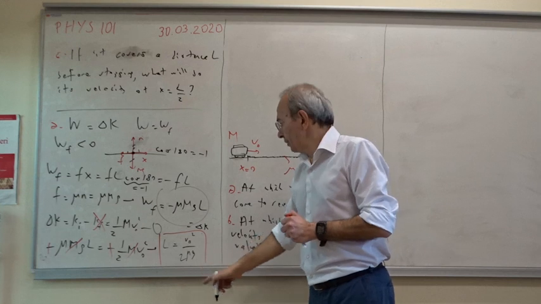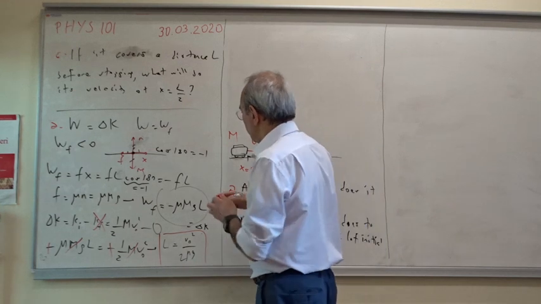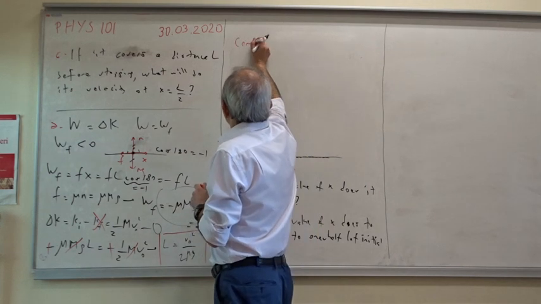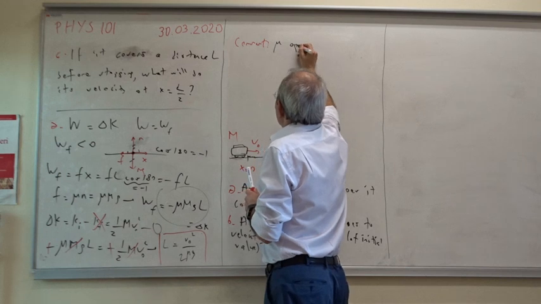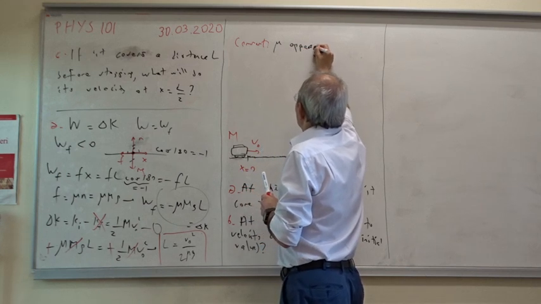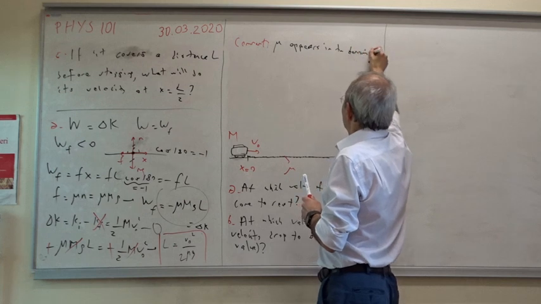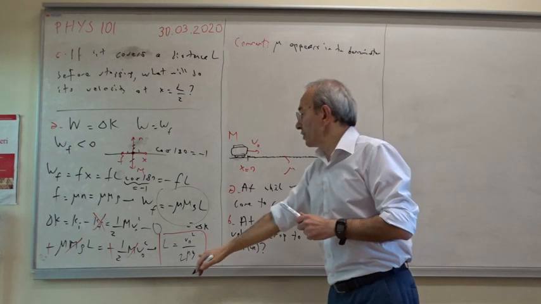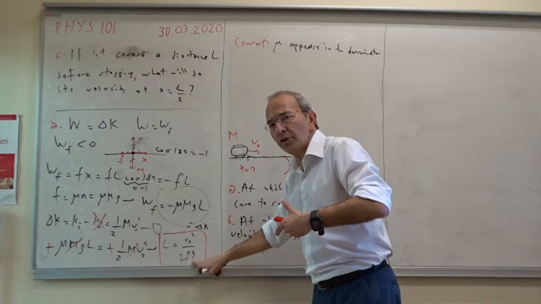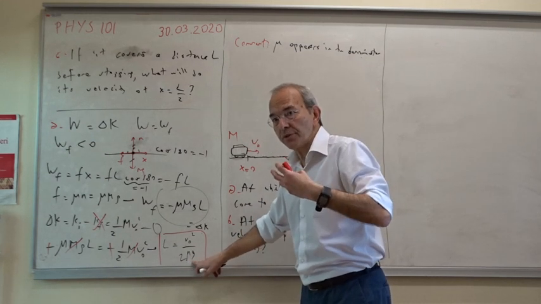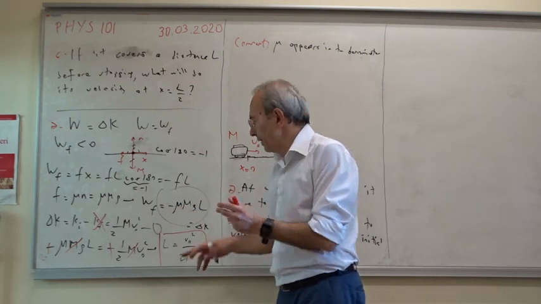Of course, as you see here, mu appears in the denominator as expected. For instance, this coefficient cannot be in the numerator, it should be in the denominator, because the greater the coefficient, the harder the friction. So the distance covered should be less and less.